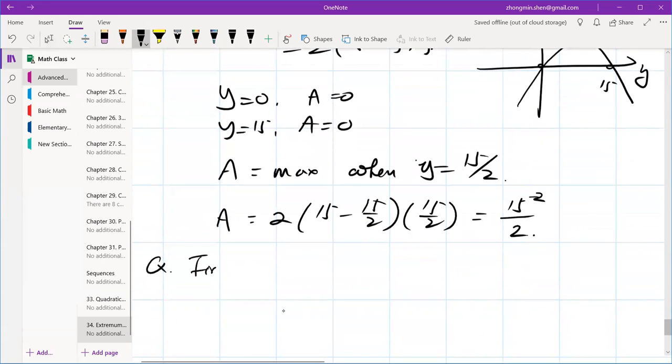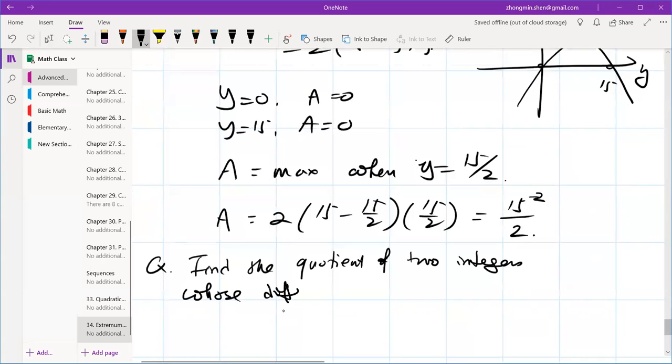My next problem is to find the quotient of two integers whose difference is 10 and whose product is as small as possible.